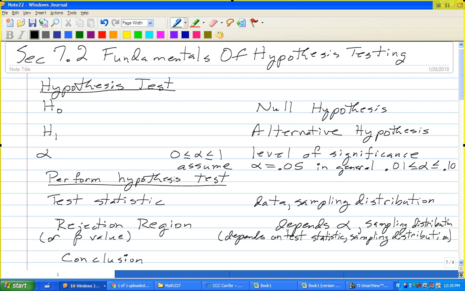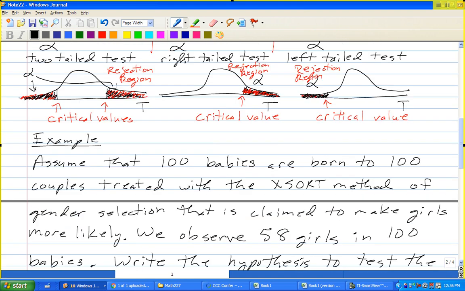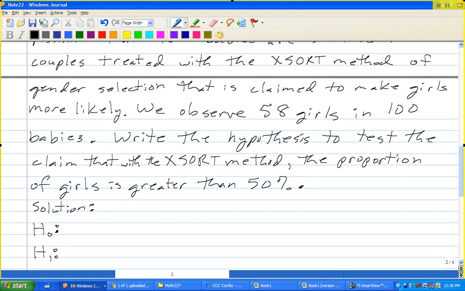So even though I said it could be between 0 and 1, it really is only in general between 1% and 10%. And if we don't specify the level of significance, I'll assume it's equal to 5%. Okay, now let's finish the rest of this.